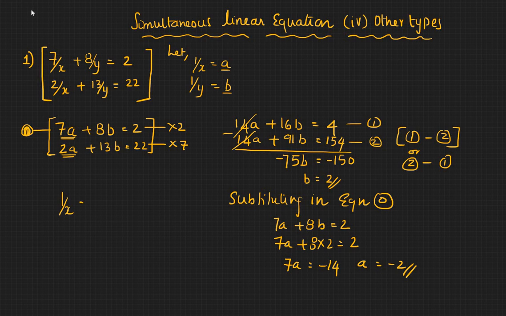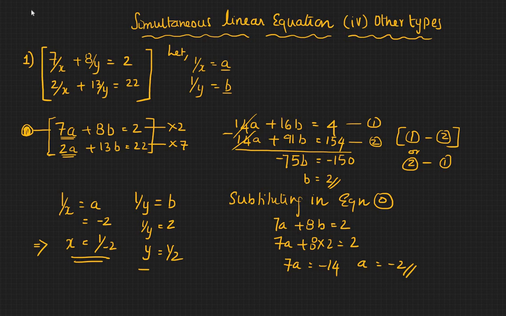So since 1 by x equal to a, that's equal to minus 2. So you can say x would be equal to 1 by minus 2, right? This implies that x equals 1 by minus 2. Similarly, 1 by y equal to b, or 1 by y equal to 2, or y equal to 1 by 2, right?